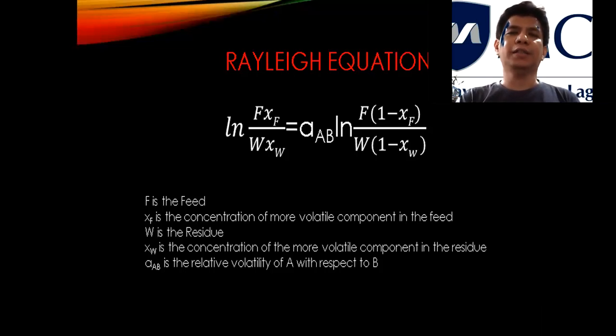So in batch distillation or differential distillation, we generally use an equation. This is known as the Rayleigh equation.